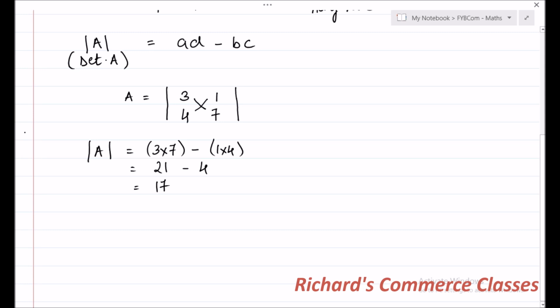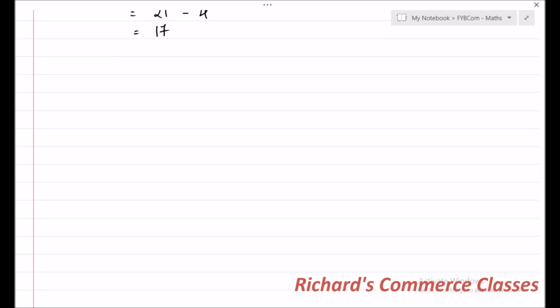Let's move on to a bigger determinant. Let's say the order of the determinant is 3 by 3. So again, let's say A is equal to 7, 2, 4, 1, 3, 1, 0, 2, 7.